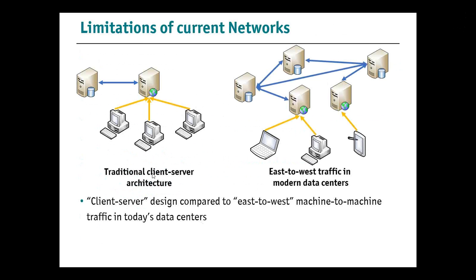In traditional data centers, we have clients communicating with only one server where all the data goes over this one server. And today's data centers operate within the data center itself. So if one host is querying some data here, the data is taken from this database or from this database. So there's a lot of traffic in the data center itself that has to be handled.